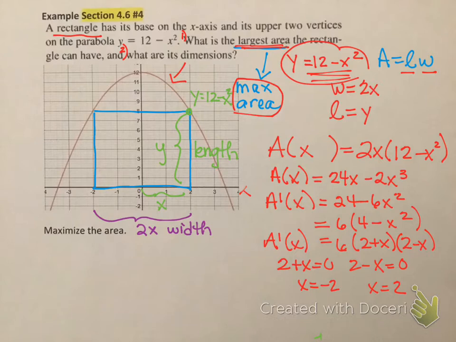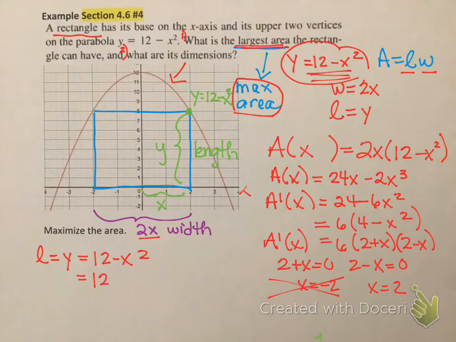Please look at the results that you got and think: you cannot take this negative 2 and plug it in for x in your width, because if you do that, you'll get a negative width. No such thing. So my length is y, which is 12 minus x squared.